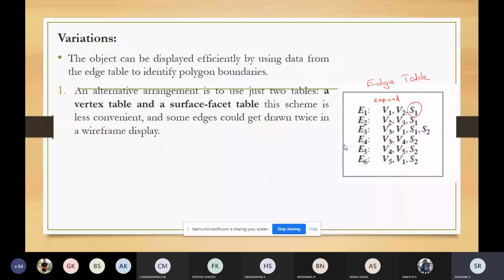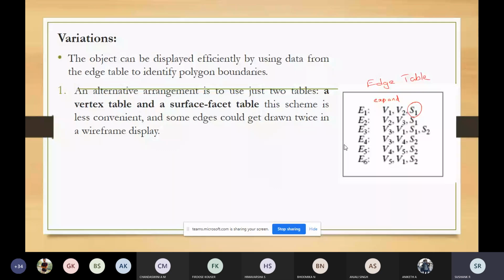You can check this diagram here. Edge E1 contains the vertices V1, V2, and the surface S1. That means S1 contains the edge E1, and E2 also contains V2, V3, along with surface S1.